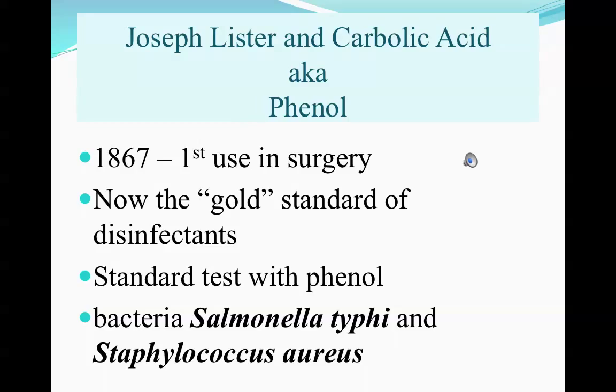We think of phenol as the gold standard for comparison, and there is a standardized test using 5% phenol with a specific concentration or cell number of Salmonella typhi, which is a gram-negative rod, and Staphylococcus aureus as the representative gram-positive cocci. When we go through the test procedure, what we will generate is essentially a number, and it's called the phenol coefficient.